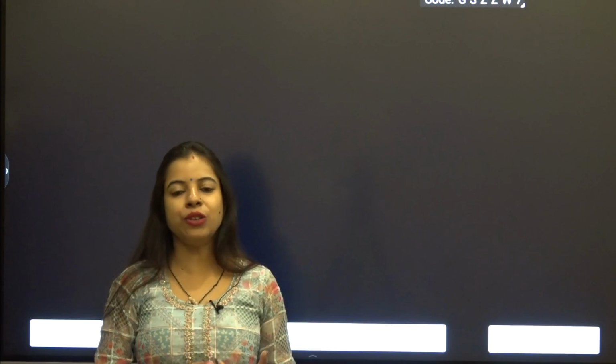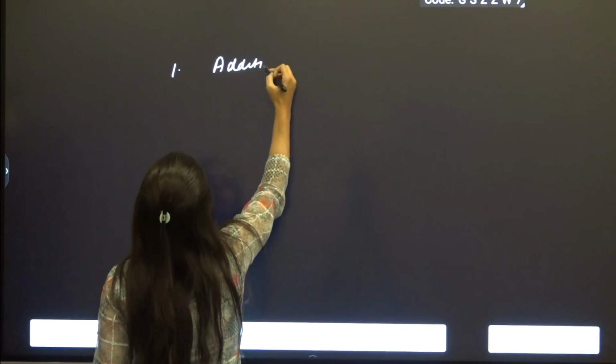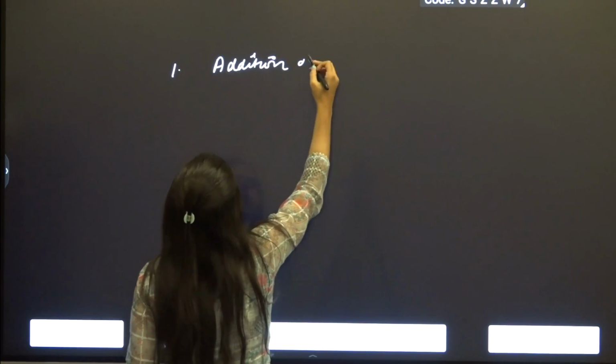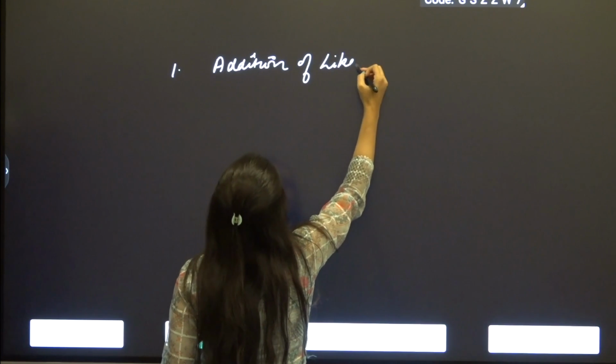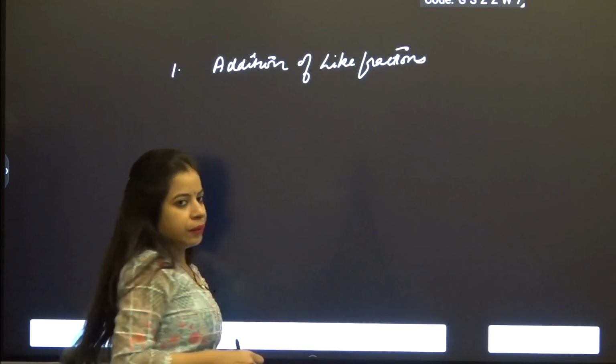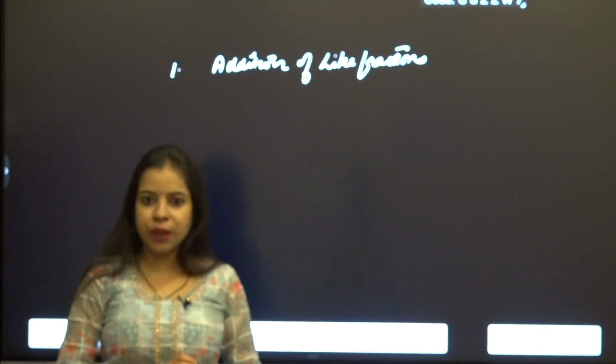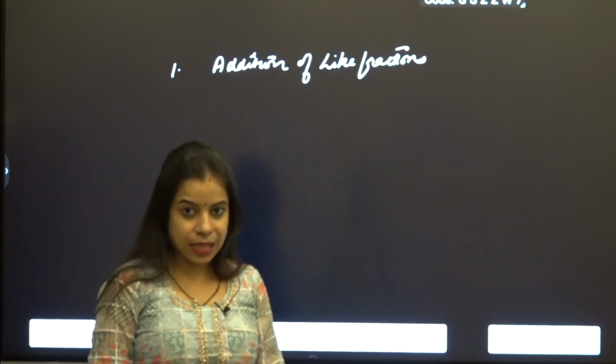Let us start with the first operation, the addition operation, on how to add any two fractions. First is addition of like fractions. As we know, my dear friends, like fractions are fractions where the denominators are the same.